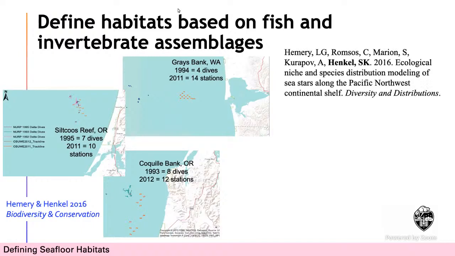In addition to defining habitat characteristics, we also took those data and did some habitat suitability modeling to look at the distribution of sea stars prior to the wasting event. And so now we have a baseline, so that in the future, as we see these populations recover, we can look to see if the distributions, abundances, and habitat for these stars have returned to what we might have expected before that wasting event, or if we've got a different trajectory coming on.